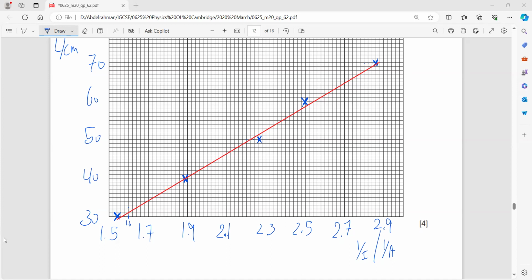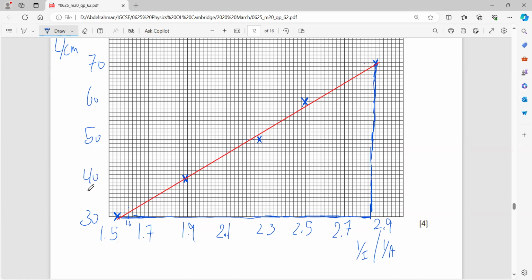You have to draw a simple triangle on the graph. If you do not draw the triangle, you will lose a mark. And another line, a vertical line and a horizontal line. Then you will calculate y2 minus y1 over x2 minus x1.